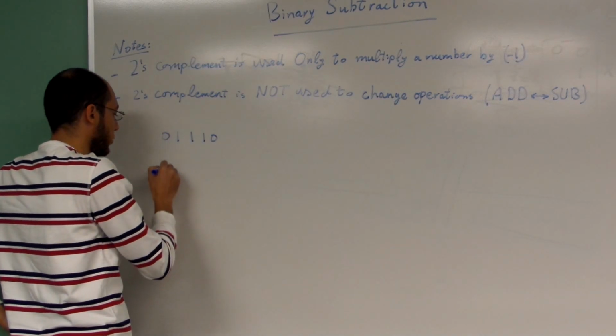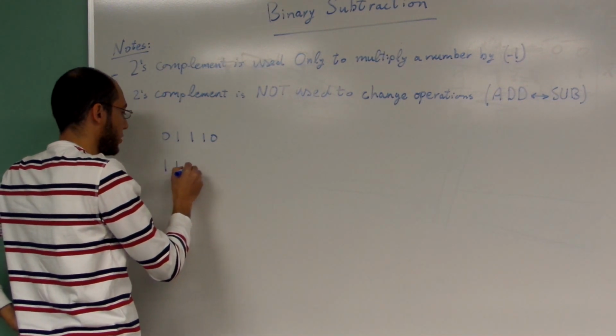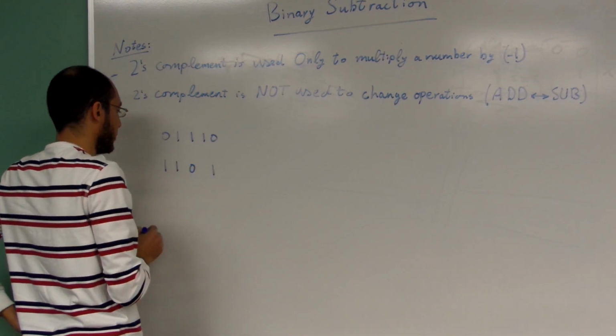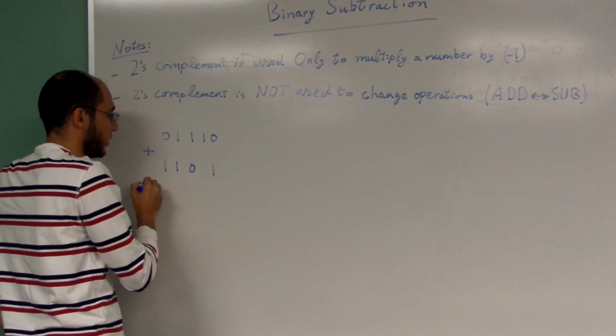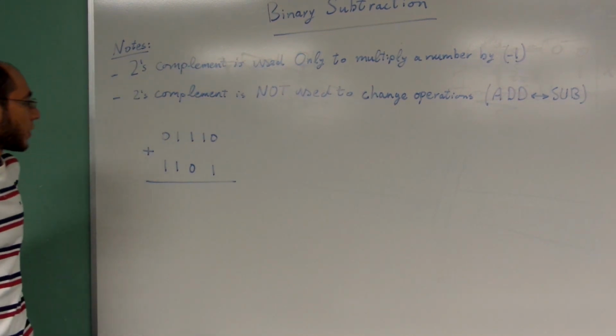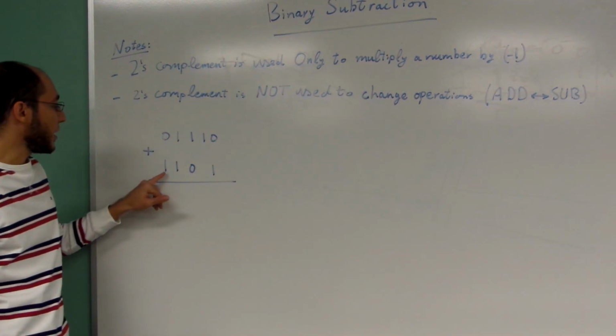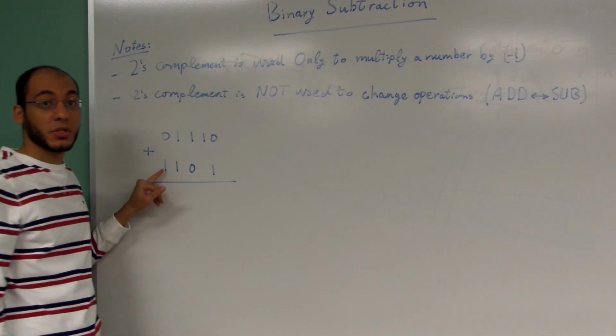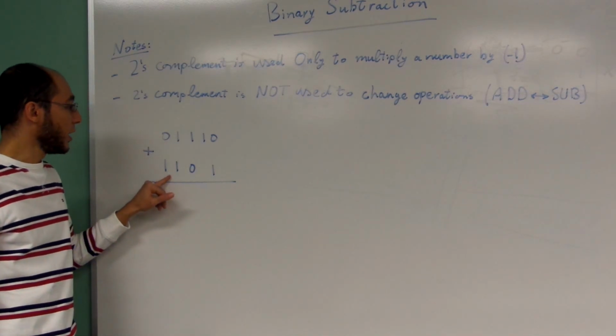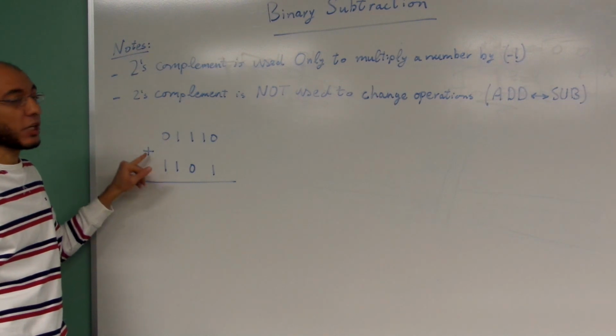And then I'm going to say 1, 1, 0, 1. And here I have an addition operation. Whenever people see this logic 1, they assume that it is a subtraction operation.